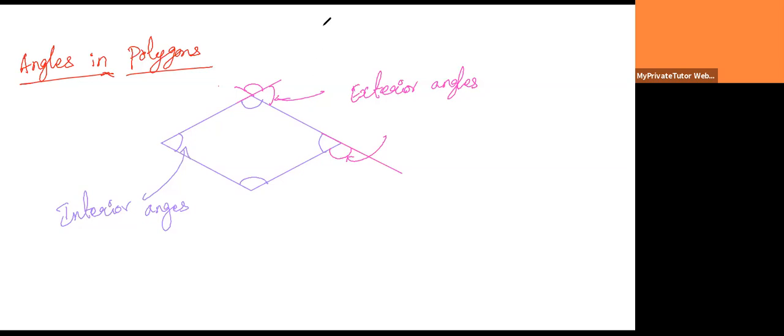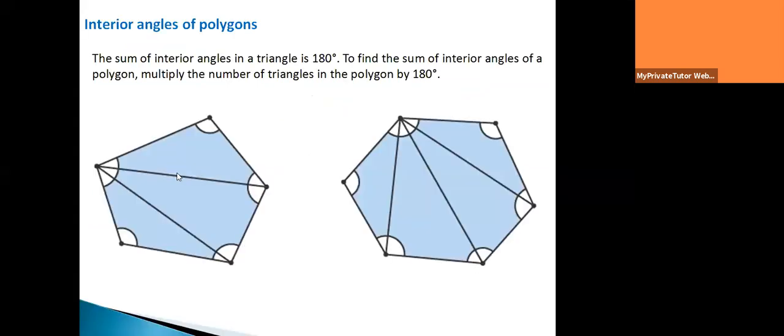Okay, so I will explain a little more briefly, just a second. Let me share the definition for you. Just have a look at that. The sum of the interior angles in a triangle is 180 degrees. I hope everyone knows that.